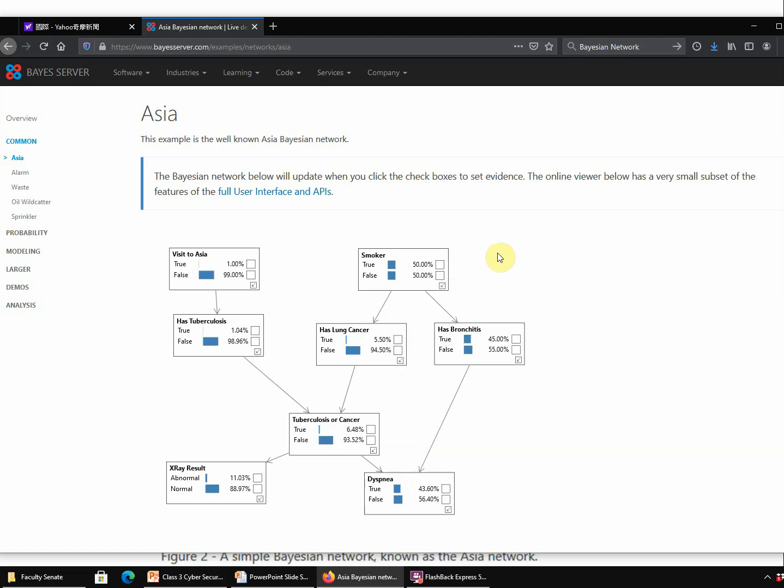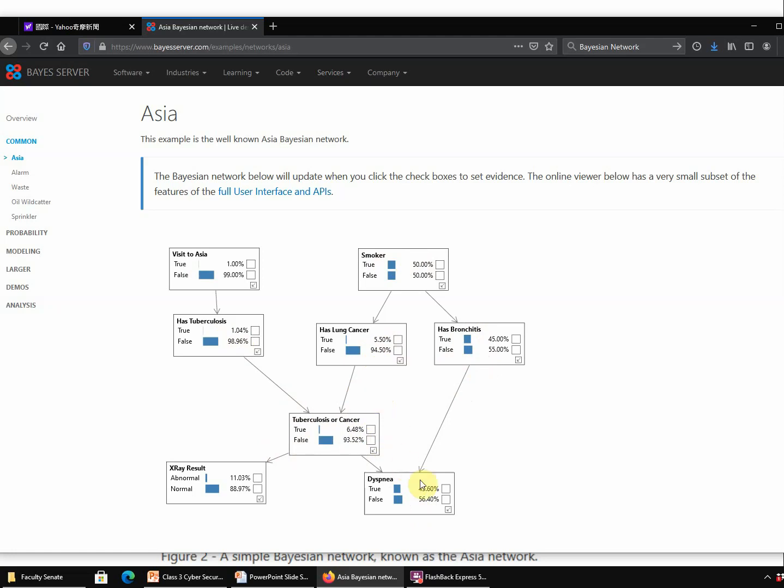Because this may require some doctor's ideas to see that, okay, this one goes to these two, this one goes to this one, and you can see the tuberculosis or the cancer is actually affected by two different attributes. The same thing with dyspnea, it is affected by these two attributes, and at the same time, these two attributes are affected by other attributes. So it's actually forming a network.